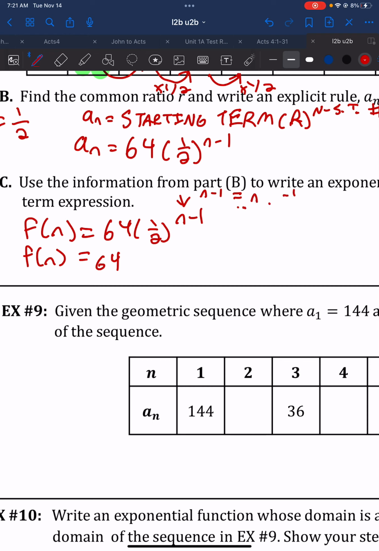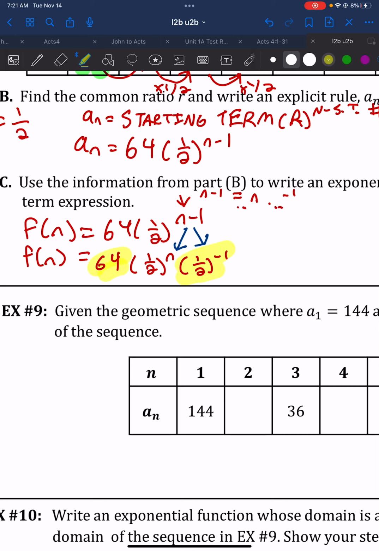So whatever it is to the n times whatever it is to the minus 1. So I could write 1/2 to the n times 1/2 to the negative 1. Okay, I just basically break this apart, here in the blue, into 2 separate parts. And then I just go to my calculator and multiply these 2 highlighted parts together.